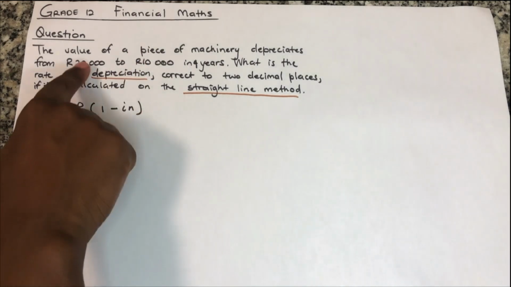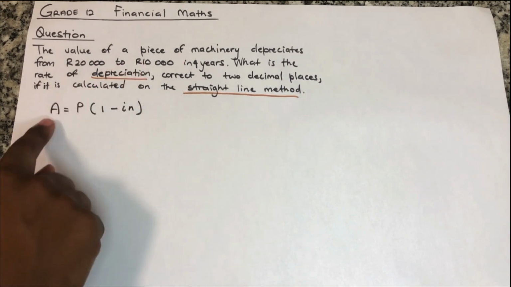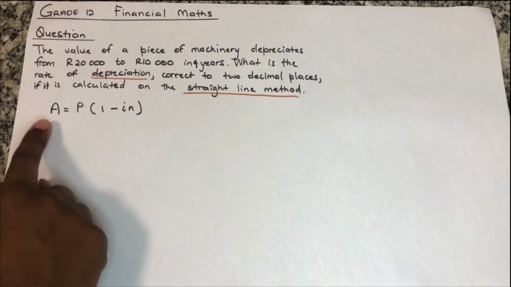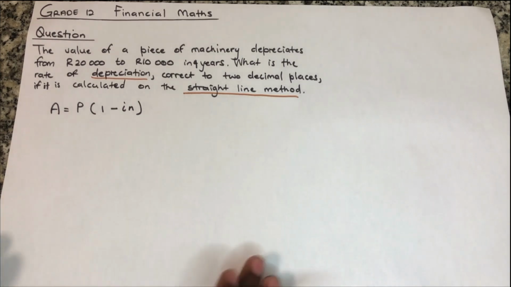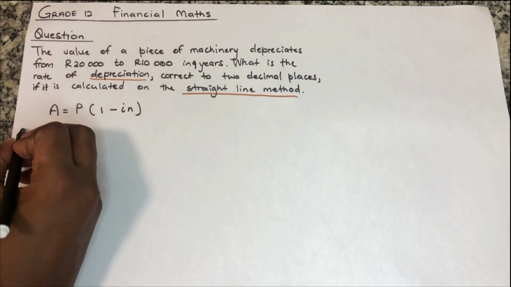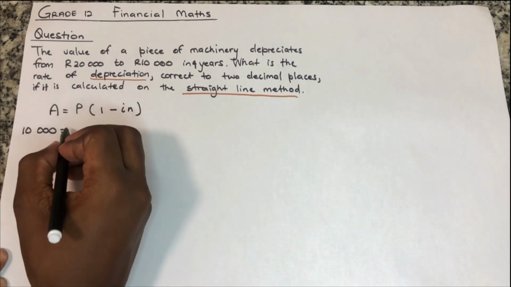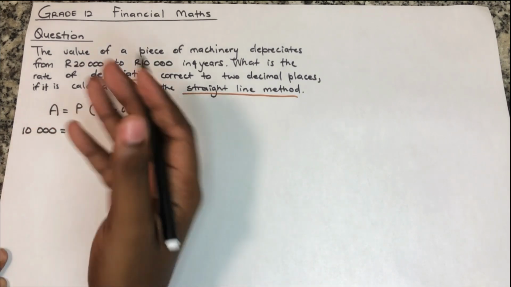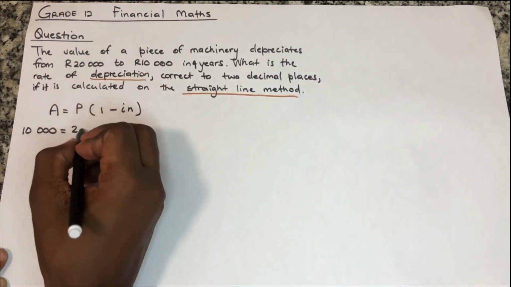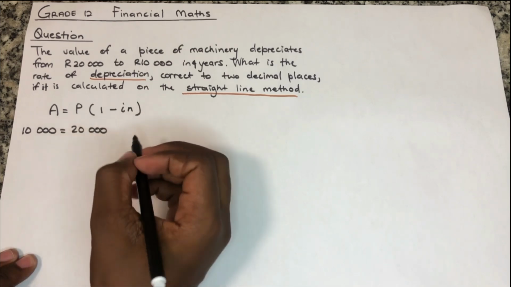So 20,000 rands is the principal amount and 10,000 rands is the accumulated amount, the amount that the machine is now valued at. So the accumulated amount after 4 years is 10,000 rands, and the principal, initially, was 20,000 rands.